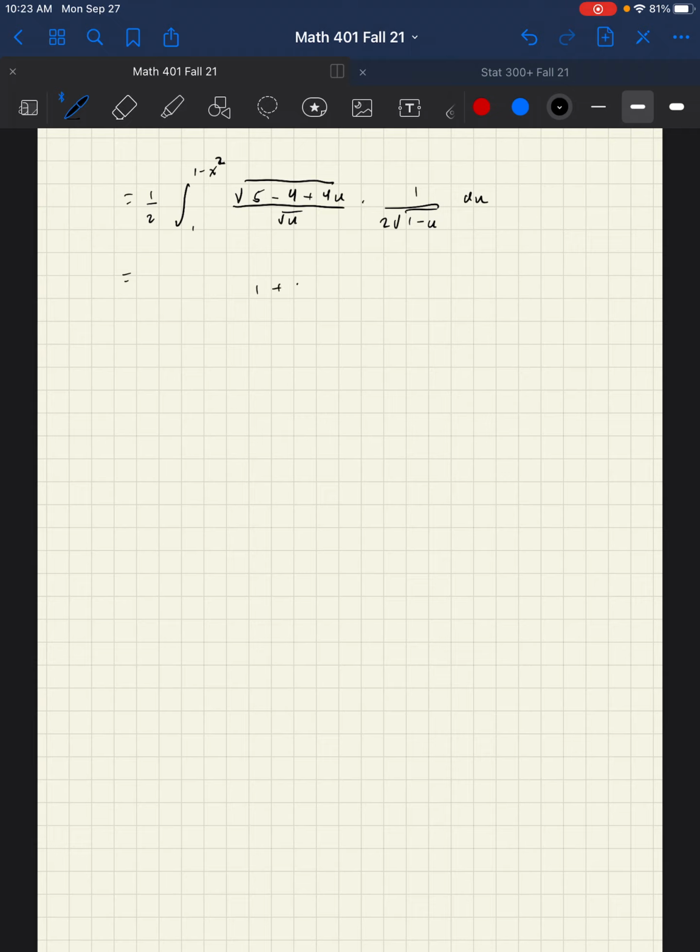And then, of course, this is the integral from 1 to 1 minus x squared, half of that. Okay, then in the numerator, we get square root of 1 plus 4u, over square root of u, times 1 over 2 square root of 1 minus u du, from 1 to 1 minus x squared, 1/2 in front.